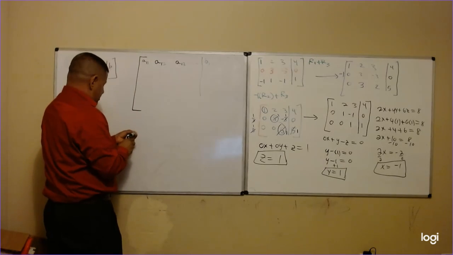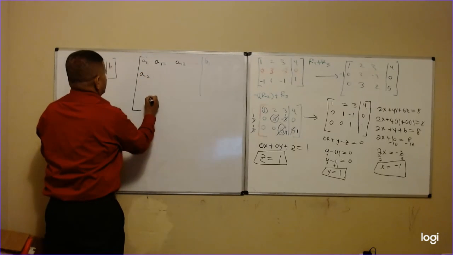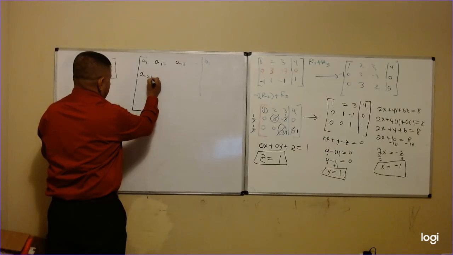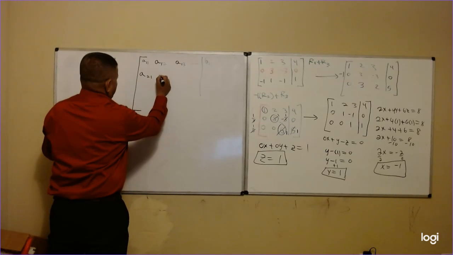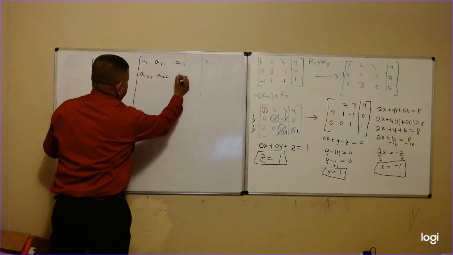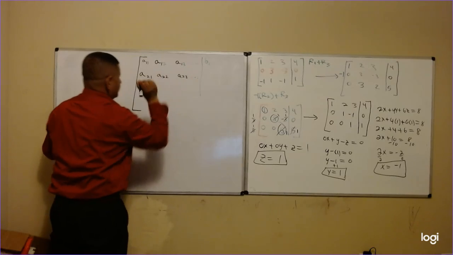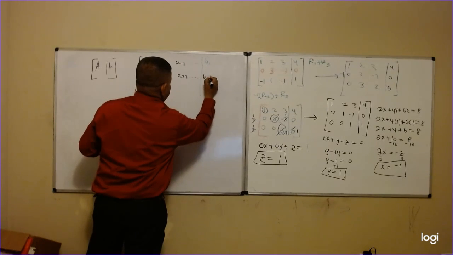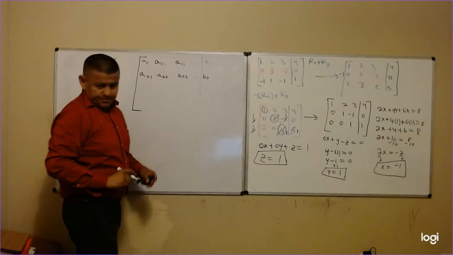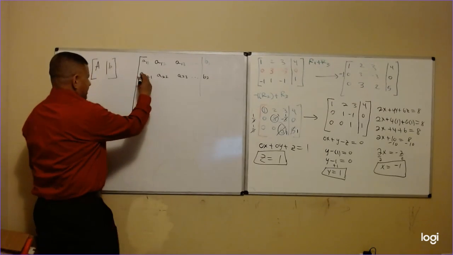And then of course here will be row 2, column 1, row 2, column 2, and then row 2, column 3, dot, dot, dot, dot, B2. Then at the end, they got a bunch of dots like this.